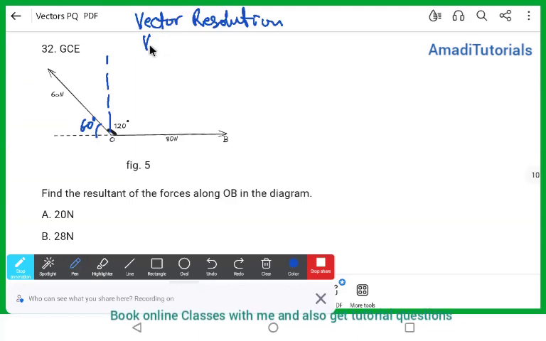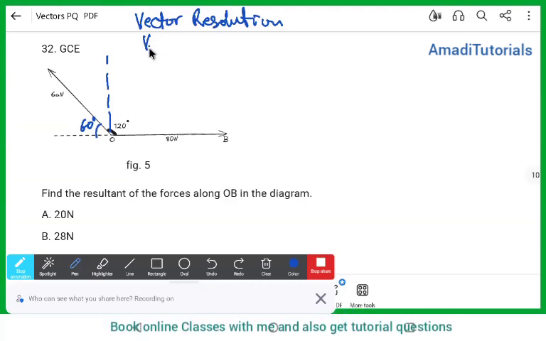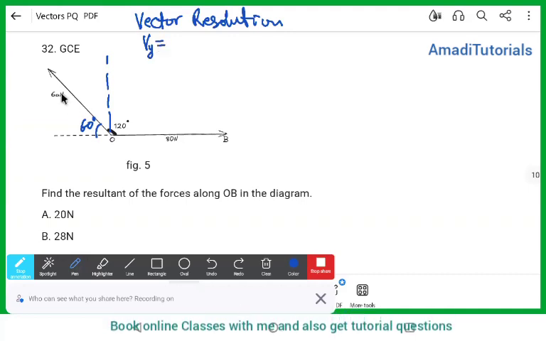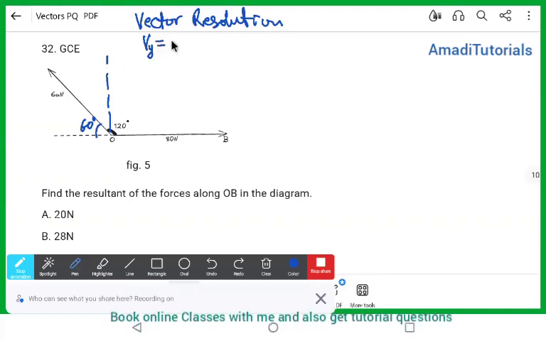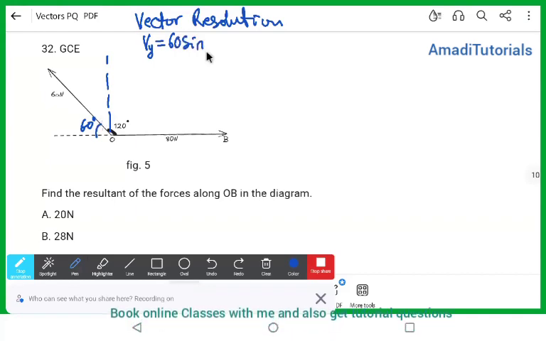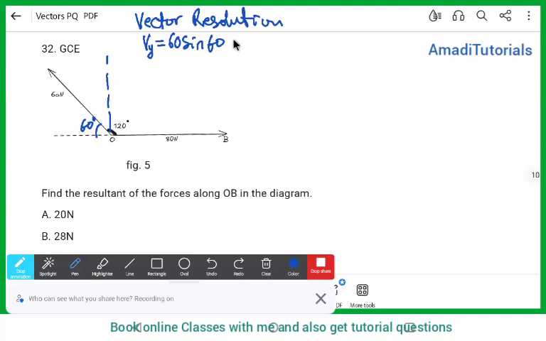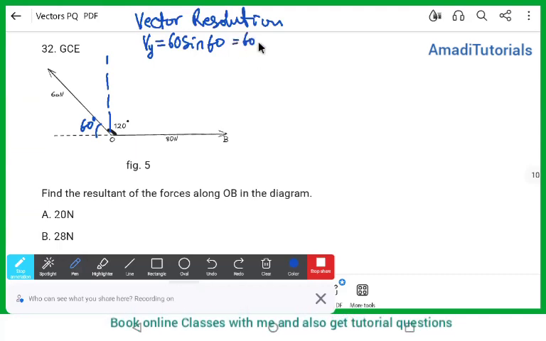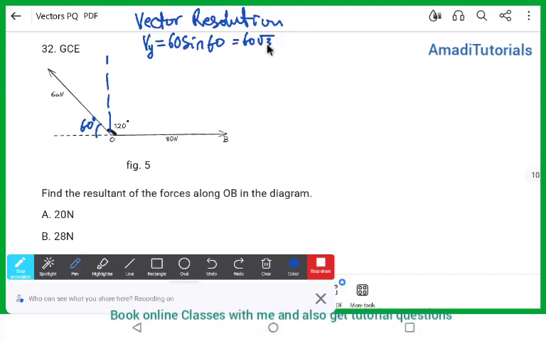The total vertical component, V subscript Y, if you resolve this 60 Newton into a vertical component, will be 60 sine 60, which equals 60 times sine 60, which is square root of 3 over 2.